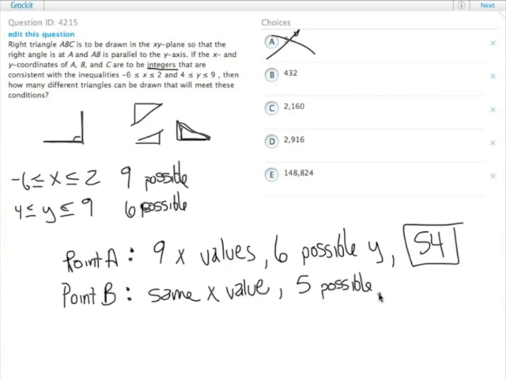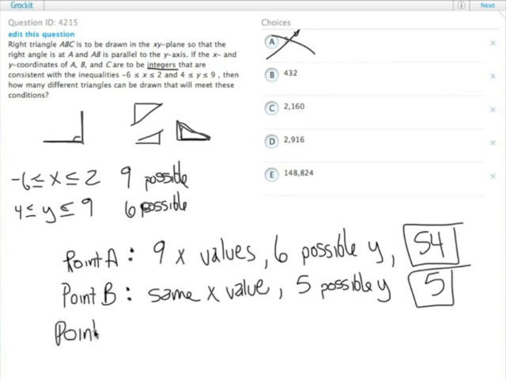Why only 5? Because point B cannot occupy exactly the same point as point A. One of the possible integer y values in the range is taken up by point A already. Point B has to take one of the other 5. So point B has 5 possible positions.